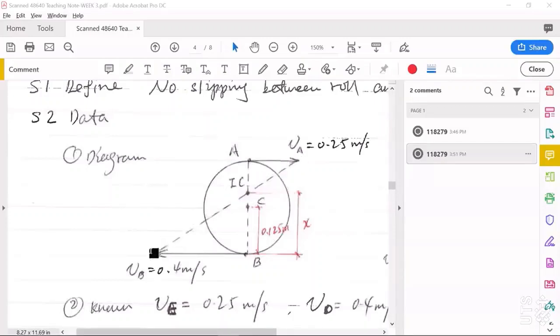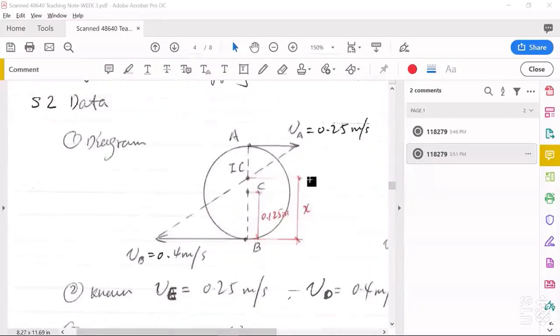These two lines have an intersection point here, and this point is the IC point.